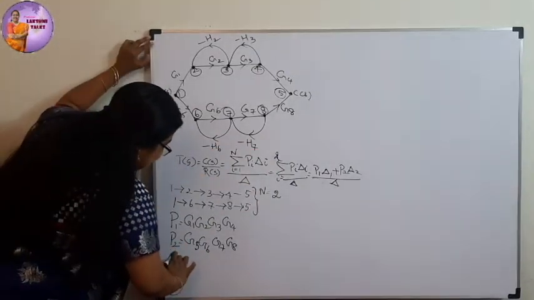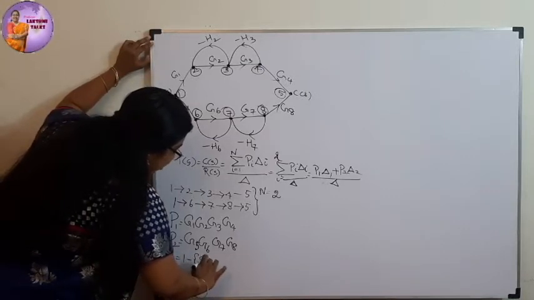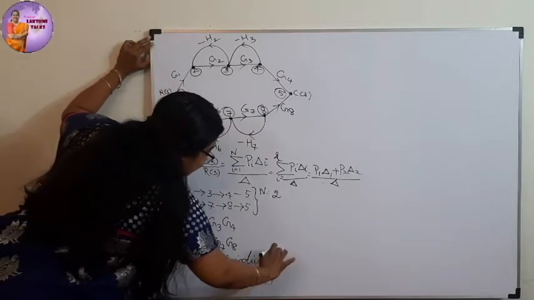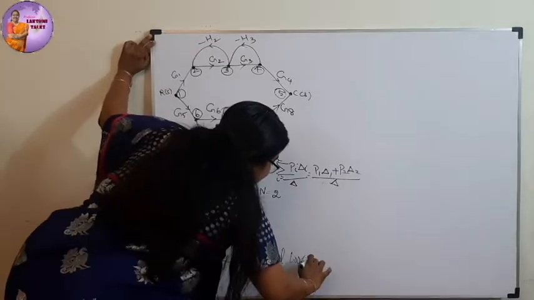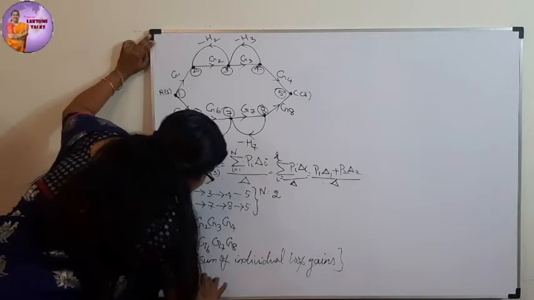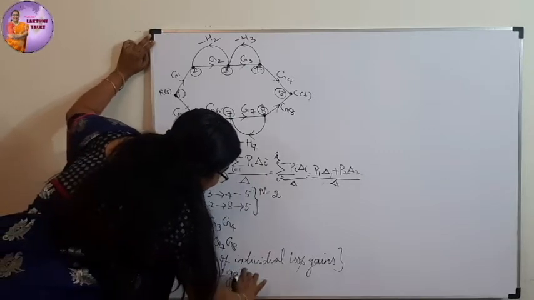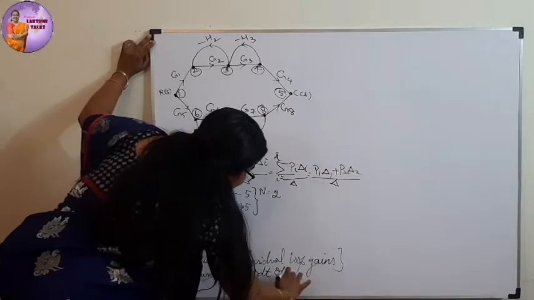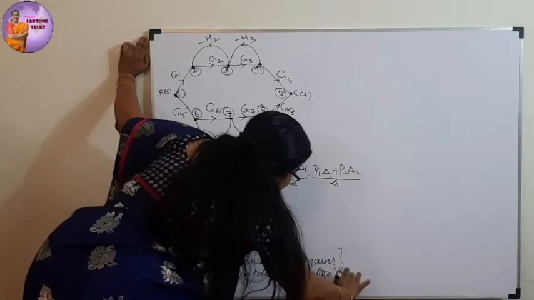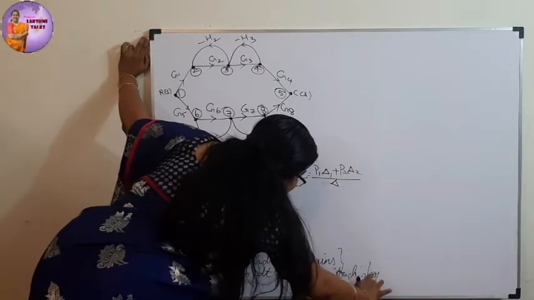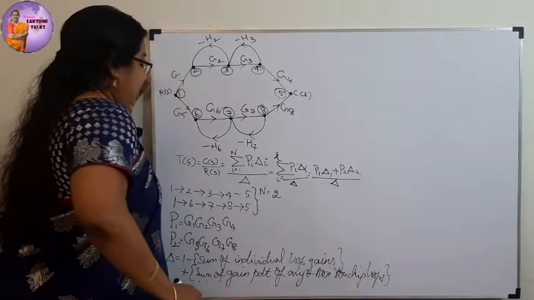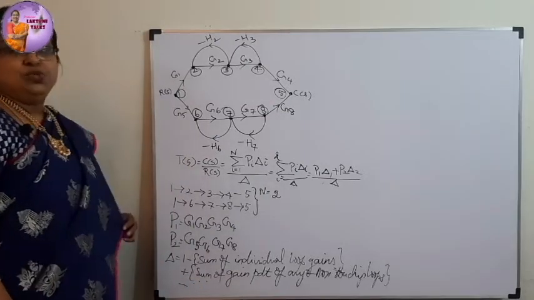Delta is equal to 1 minus the sum of individual loop gains, plus the sum of gain products of any two non-touching loops, minus and so on.